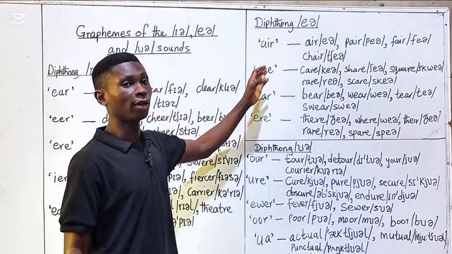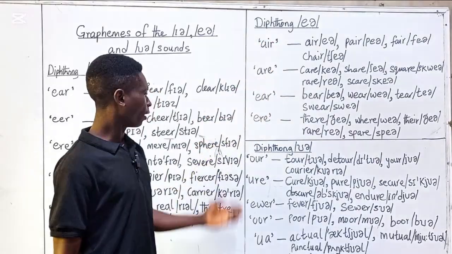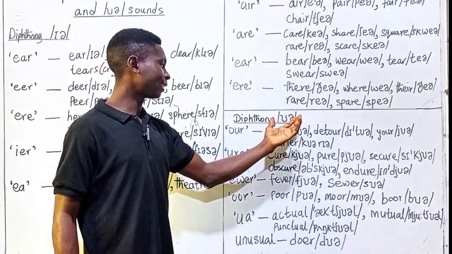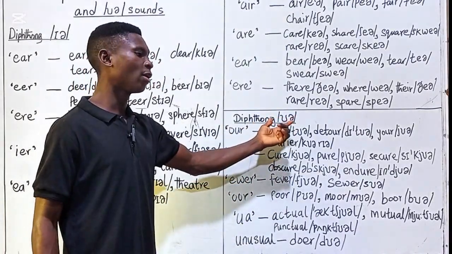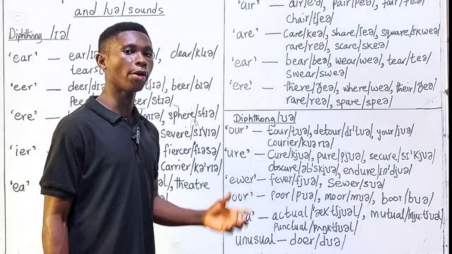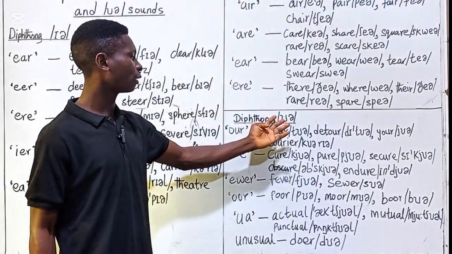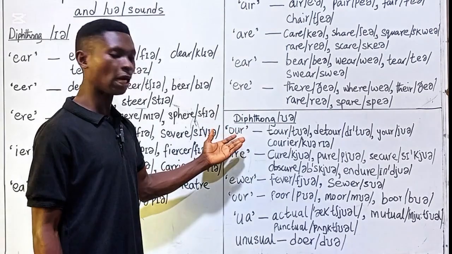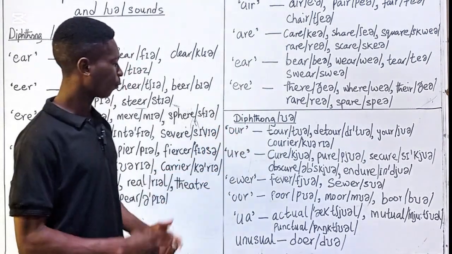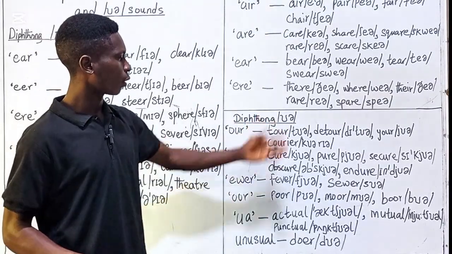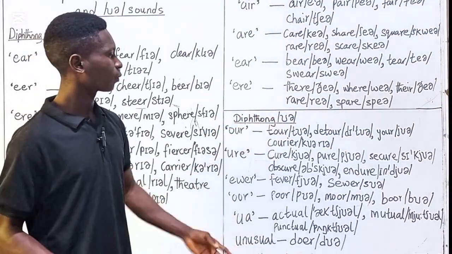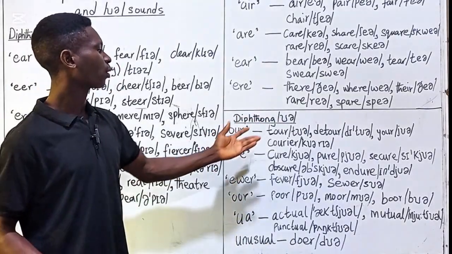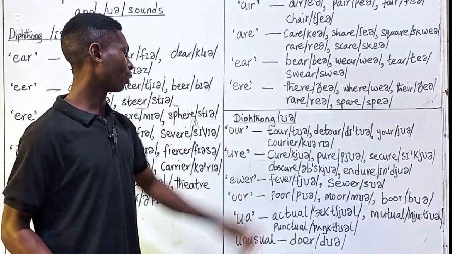These are the spellings of the diphthong. Let us talk about the next diphthong. We articulate this beginning from the U sound to the schwa sound. So we call this OR. We can have this sound in place of OUR, as in words like tour, detour, your, your. We have courier, courier.